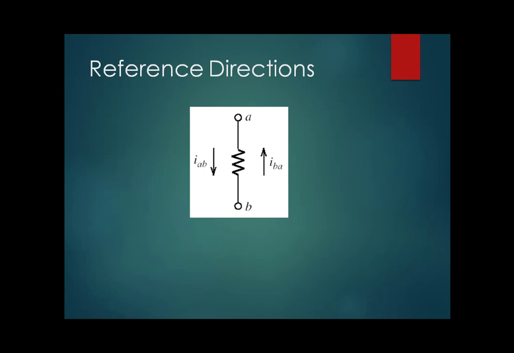Reference direction means that the reference point is a point from which our current will flow, like positive. We can take the positive point as a reference point, and also take negative as a reference point.